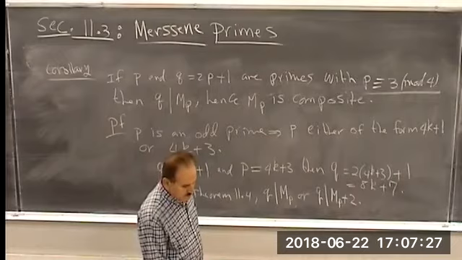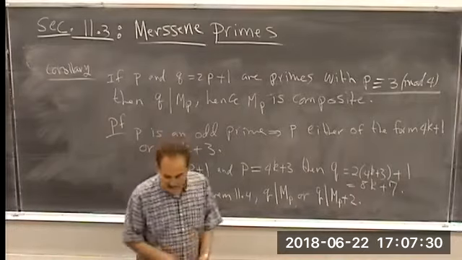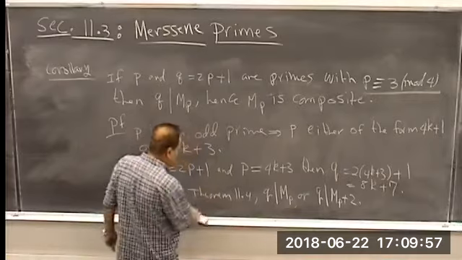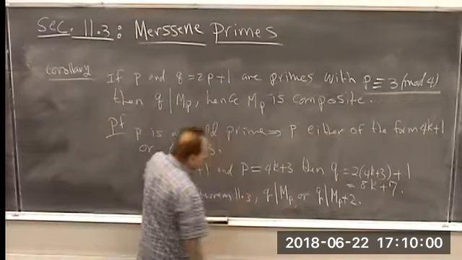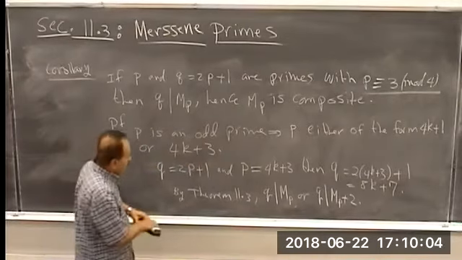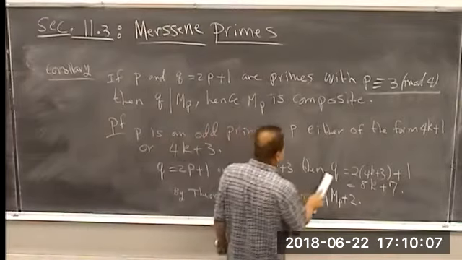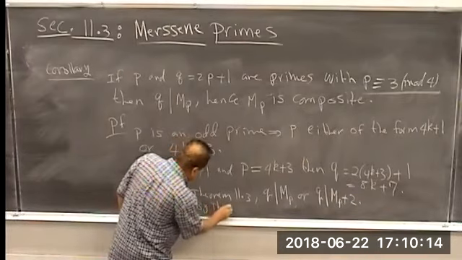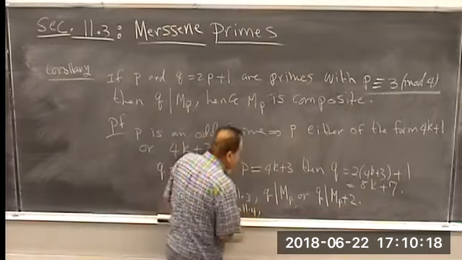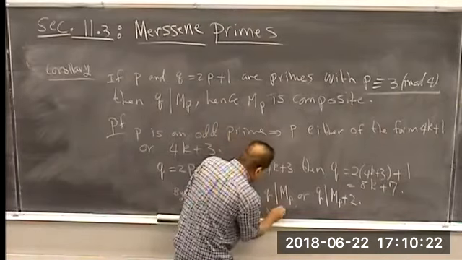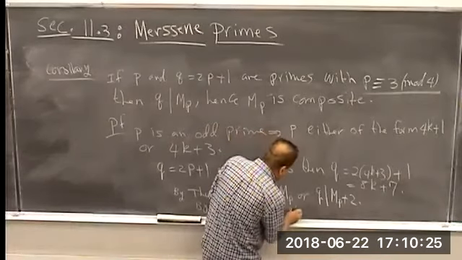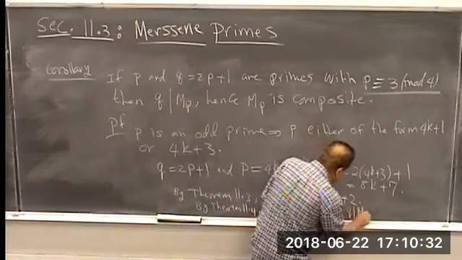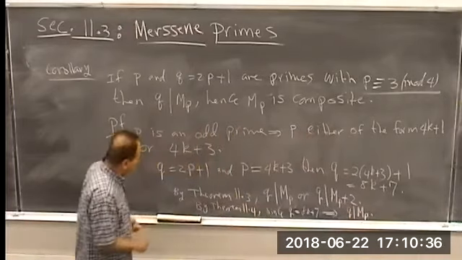Now since Q is of the form 8k plus 7, Theorem 11.4 says this implies Q divides the first one, M_P, not the other one, because it cannot divide both.